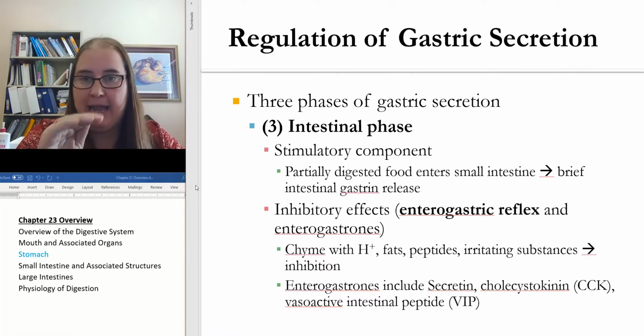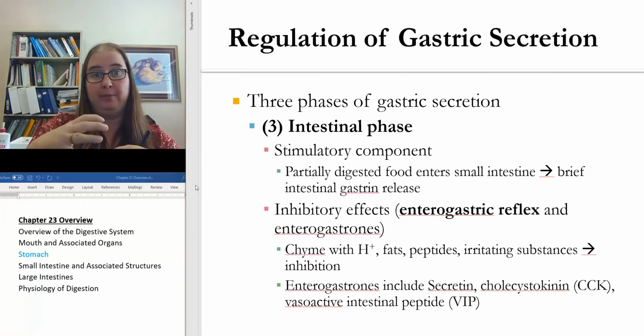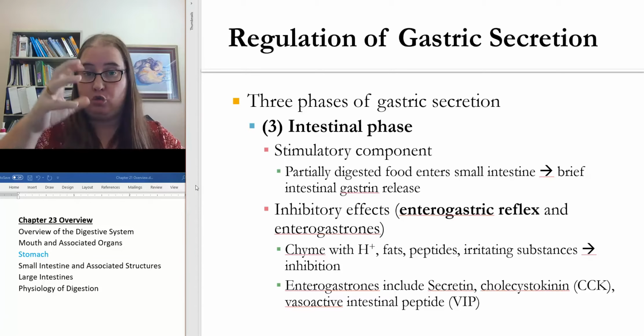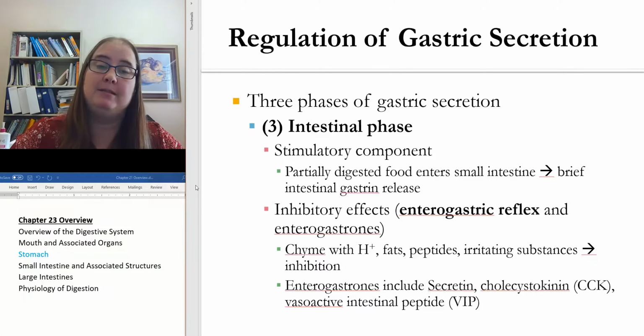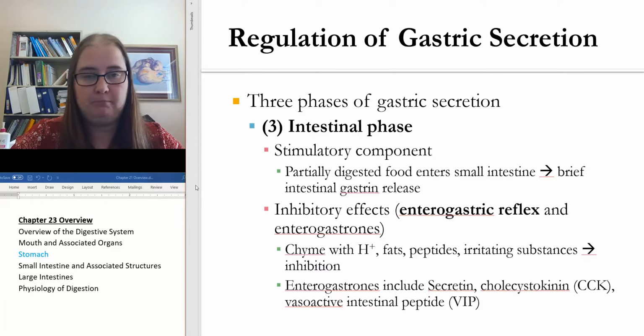Meanwhile, that chyme starts to trickle into the duodenum. So it's starting to build up. And what happens is you get what's known as the enterogastric reflex.